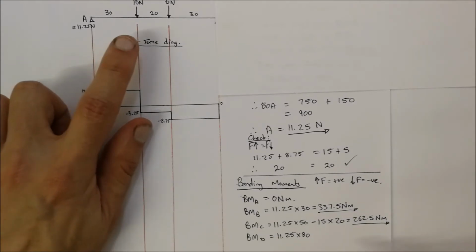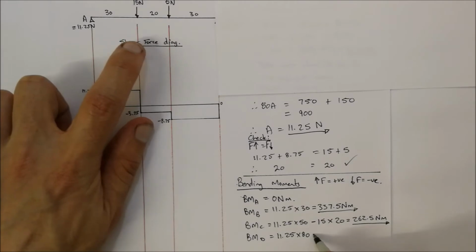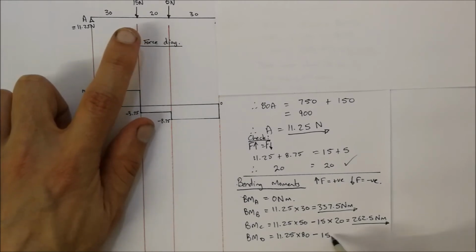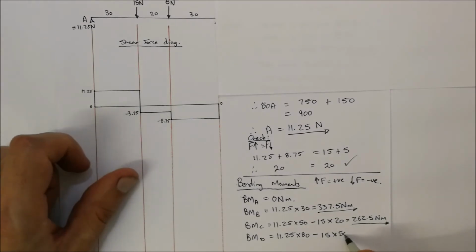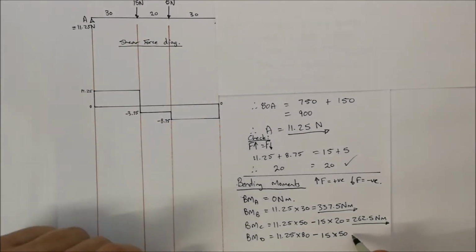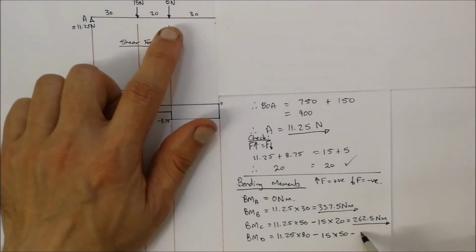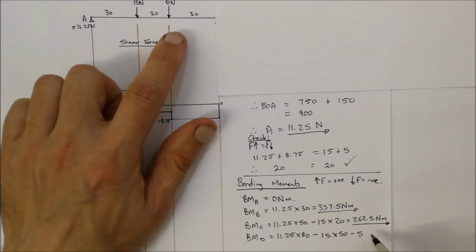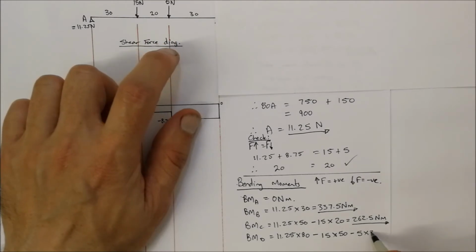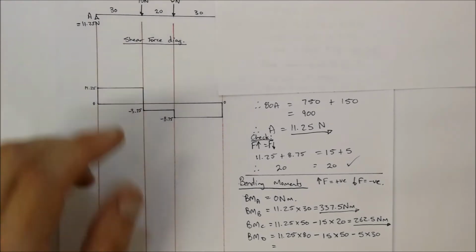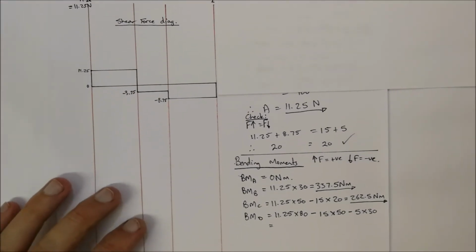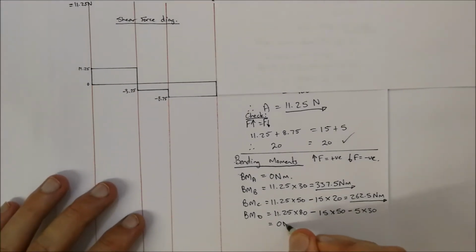We've got B acting downwards, so we're subtracting that. That's 15 newtons multiplied by 30 plus 20, which is 50. We've got C acting downwards, so that's another negative sign, which is 5 newtons, multiplied by 30 meters away. And if we do that calculation, we will get a value of 0 Newton meters.